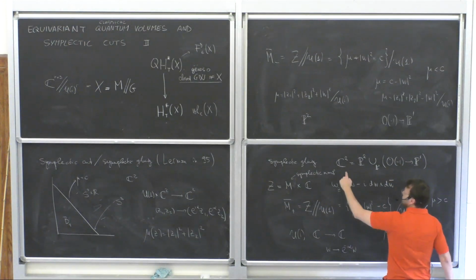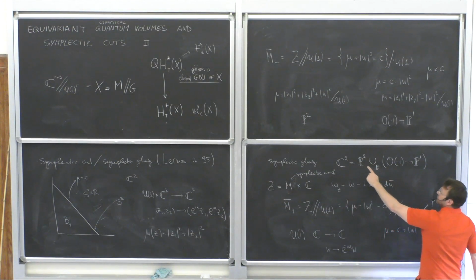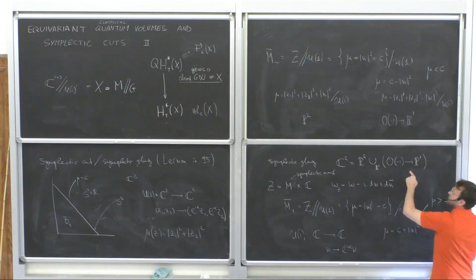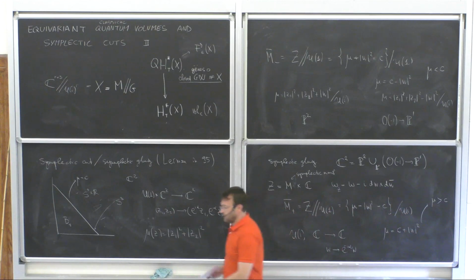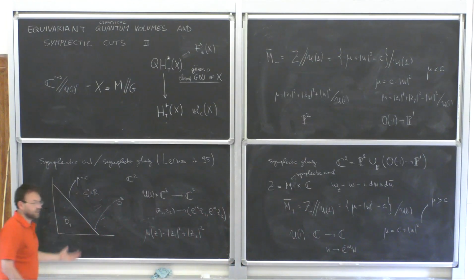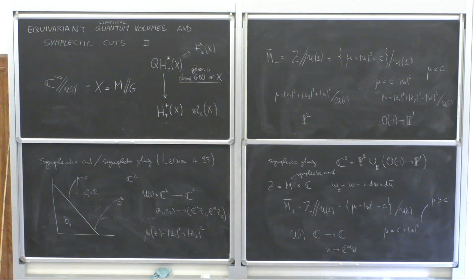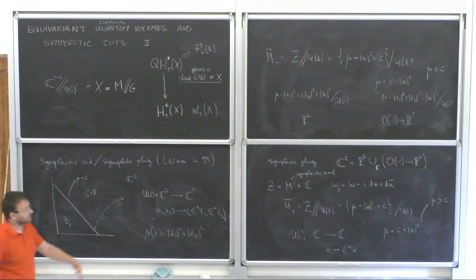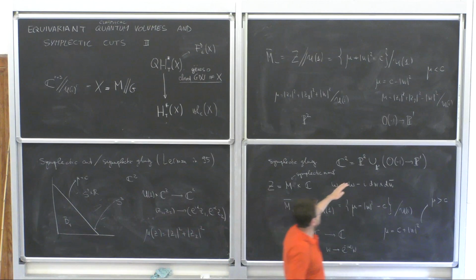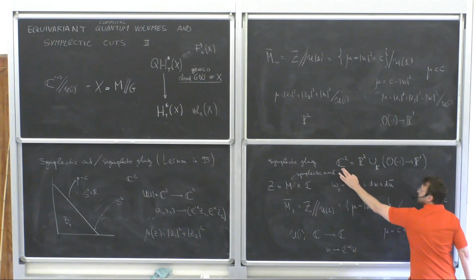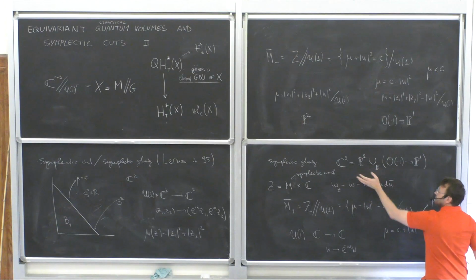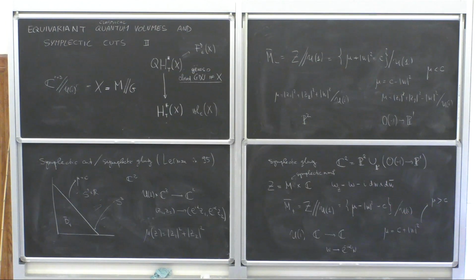So you're cutting C2 along P1 into two pieces, P2 and O(-1) over P1. And of course, you can glue them, etc. At the level of toric diagrams, it's a very trivial operation. You just draw appropriate lines, which correspond to actual moment maps. At the level of symplectic manifolds, you just construct them. What's important is that you take a symplectic manifold, you cut, you get two symplectic manifolds, and you glue along a symplectic one.